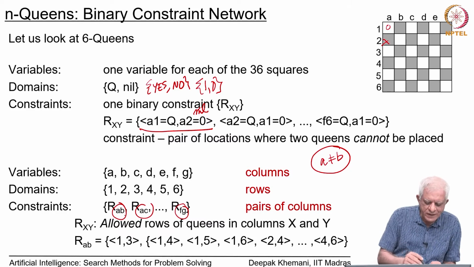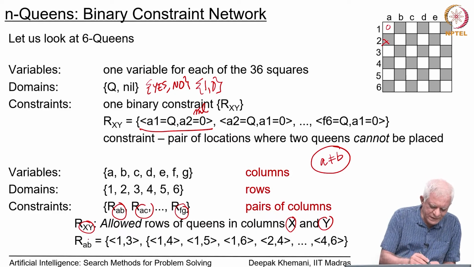So, AB, AC, AD, BC, and so on, every pair. And what the relation expresses explicitly is the allowed rows of queens in columns x and y. So, a relation between x and y is that in column x, in column y, what rows are allowed.